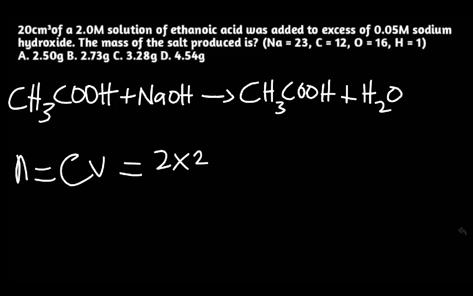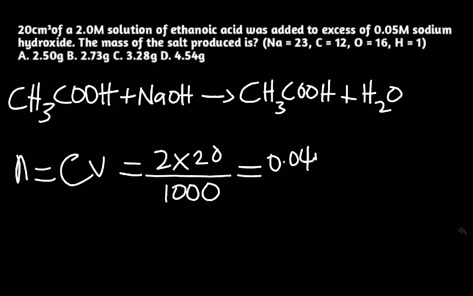The volume was given to be 20 cm³ over 1000, so that our final answer will be in dm³. That's why we are dividing by 1000. Okay, so our mole here becomes 0.04 mole. This is the first step.